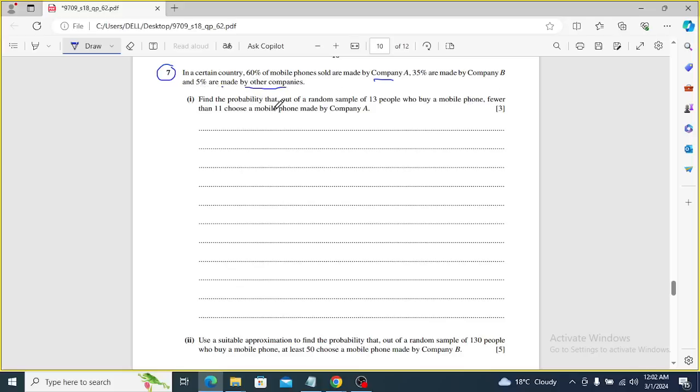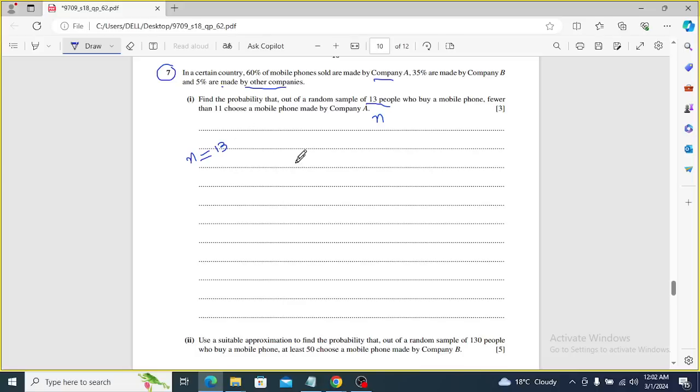Find the probability that out of a random sample of 13 people, so it means n is given. When n is given, it means this is leading to your binomial distribution.